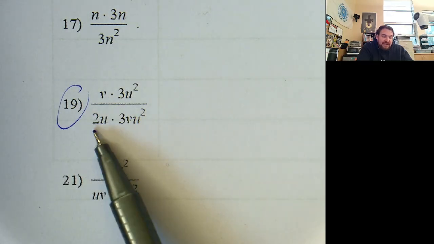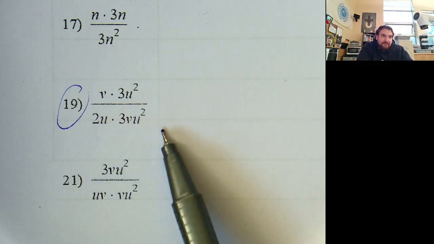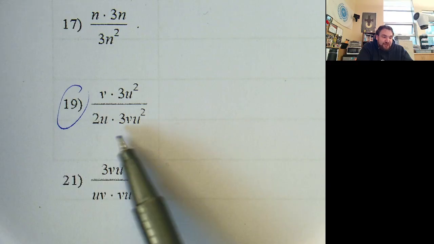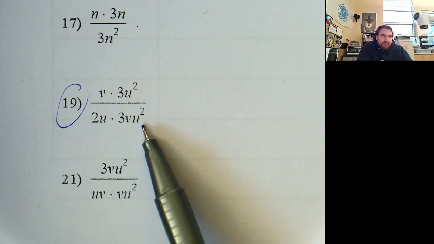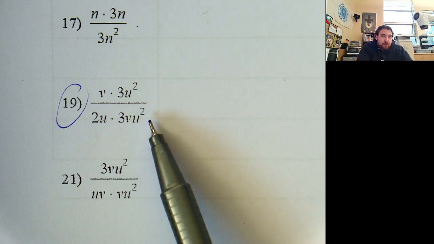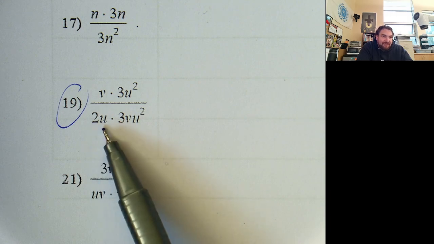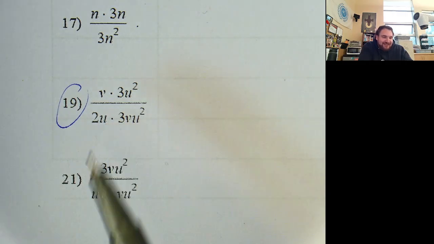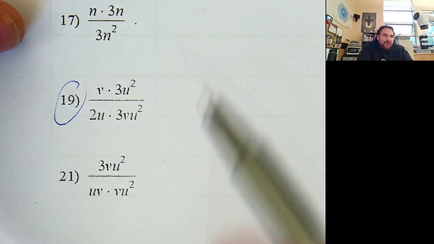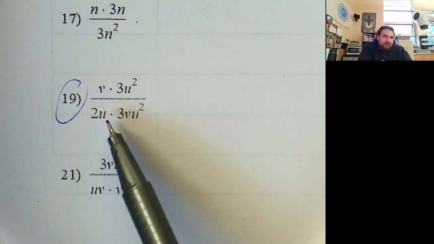So, do I have any same bases down here in the denominator? 2, u, 3, v, u. You said 2u. Oh, you mean that there's 2 different u's? Because you just said 2u. Do you see how I was confused by that? Yeah, so the u's. Sure, those are u's. When the u has no exponent, what's the exponent?